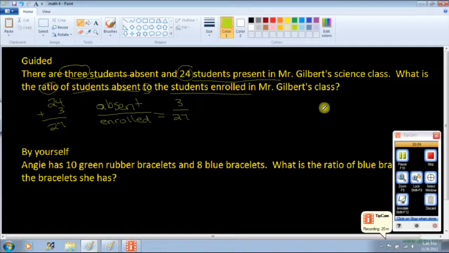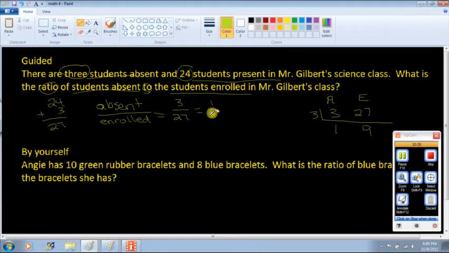So we're going to put in our division ladder to make sure it's simplified. Put A for absent and E for enrolled. And both these numbers share a common divisor of 3. That's going to be 1 and 9. So 1 to 9.